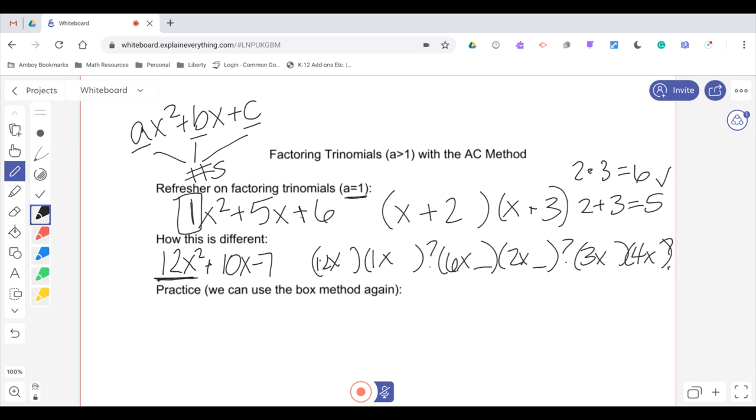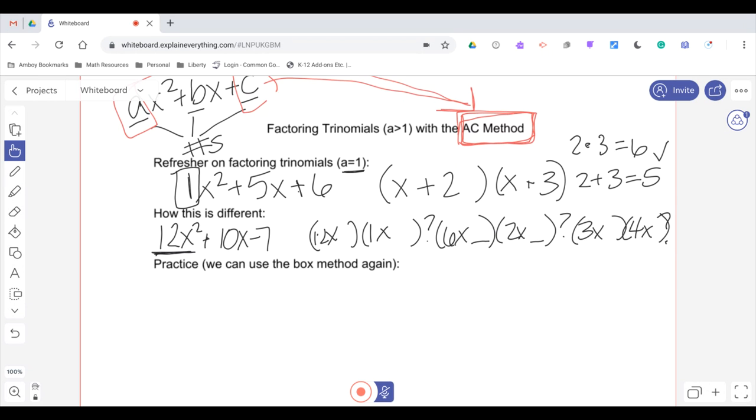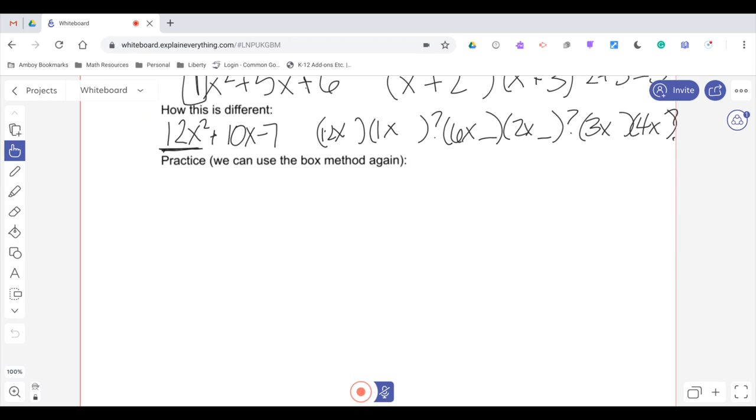So instead today, we are going to learn about something called the AC method. It's called the AC method because we are going to be using A and C to create our factored form. Okay? So let's write down some steps, and we're going to be doing 2 examples today.